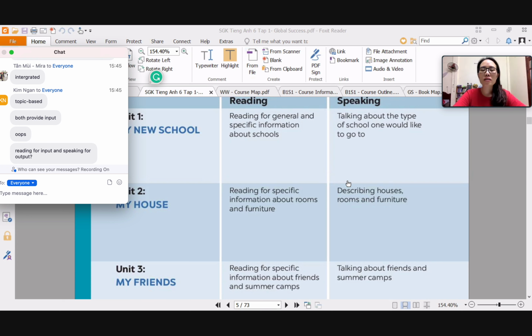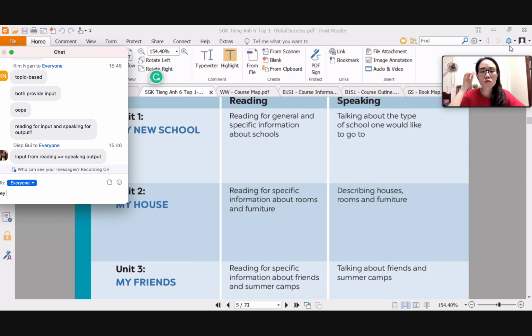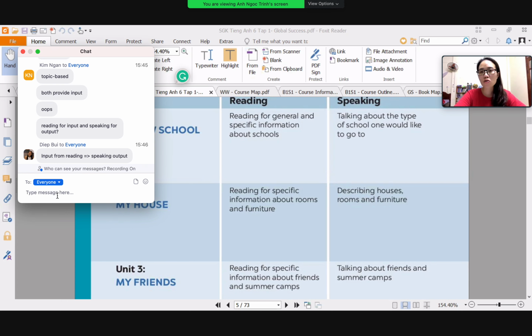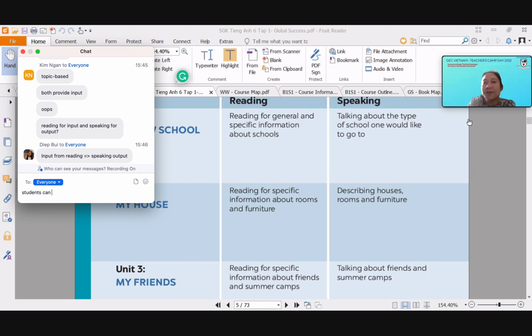I think maybe because they are all common topics that the students have studied for a few years in primary school. So now with unit 1, they are able to read and talk about that because they already learned about this. Okay, they are not new topics.